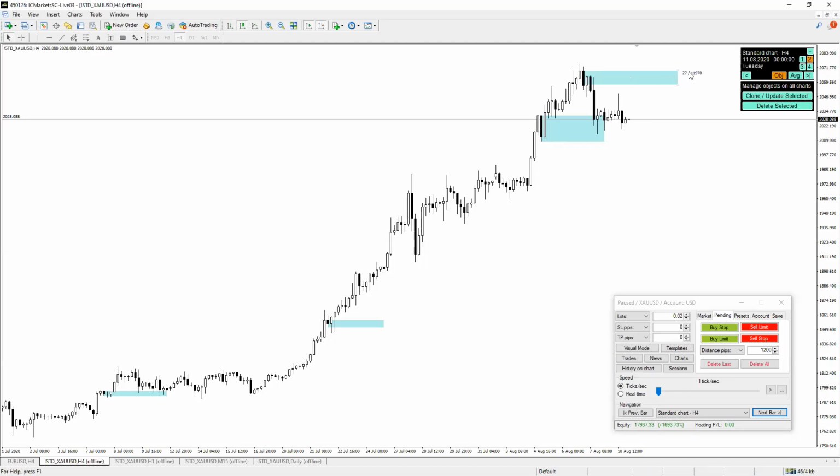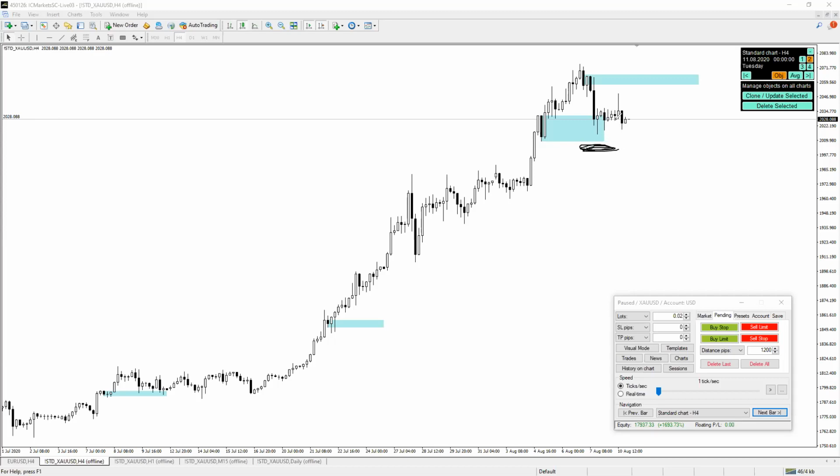Let's maybe try and think of shorts this time. So we have this zone here. Price has formed a high, and now we need to take out that high before we start going to the downside, right? Given that we're going against a really strong trend to the upside, it would have been better if we first saw a drop below this area.